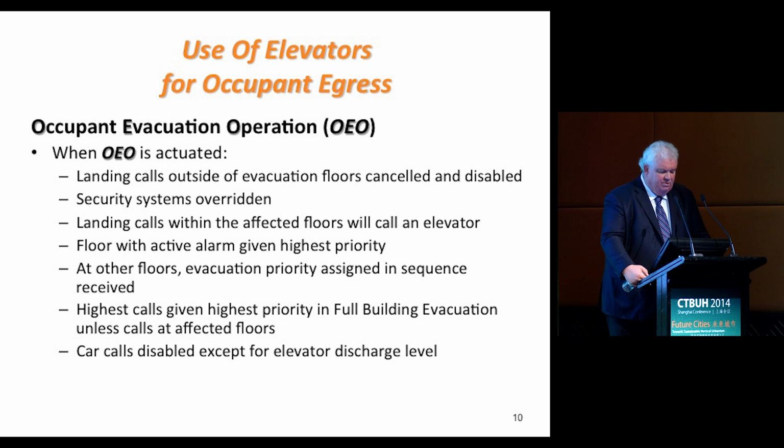At other floors within the 5, evacuation priority is assigned in the sequence received. The highest calls are given the highest priority in a full building evacuation situation unless there are calls at affected floors. They always retain the priority. And car calls are disabled except for the elevator discharge level, or likely the main level.